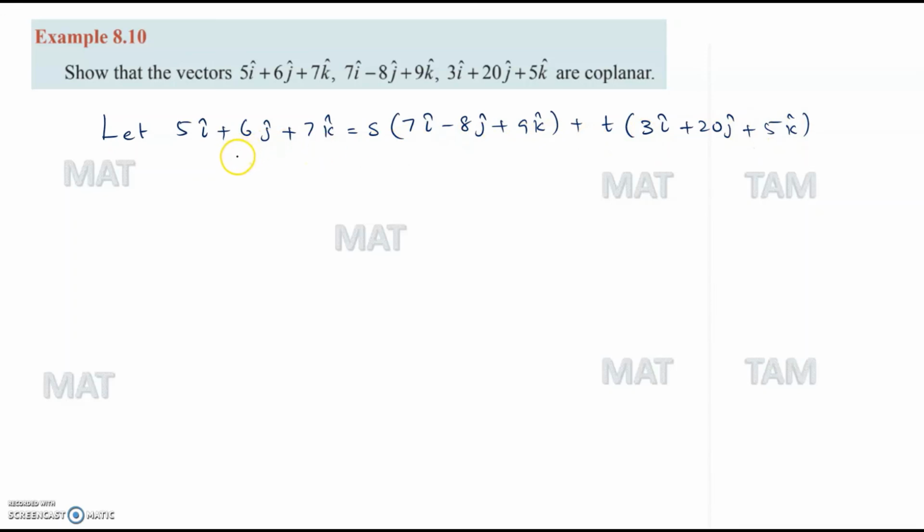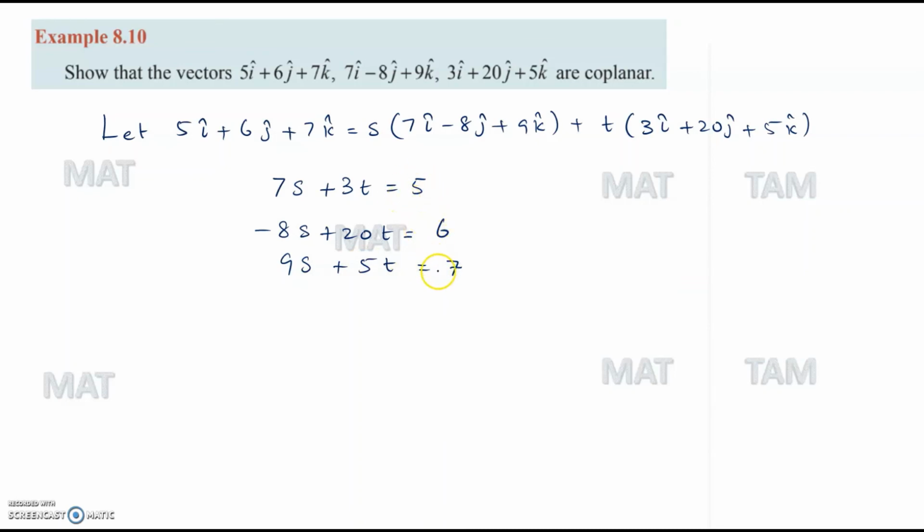Now equating the coefficients of i cap, this is 5 here, and here it will be 7s plus 3t. So you get 7s plus 3t is equal to 5. Similarly, for j cap, we can say that minus 8s plus 20t is equal to 6, and 9s plus 5t is equal to 7.